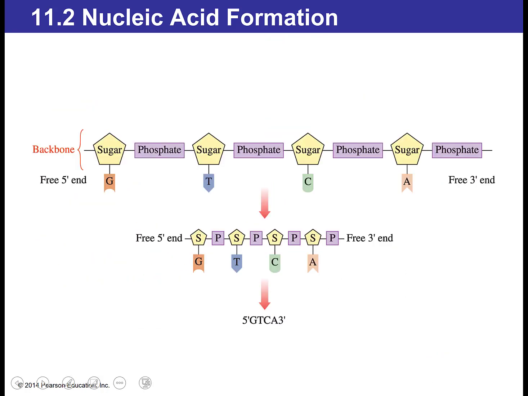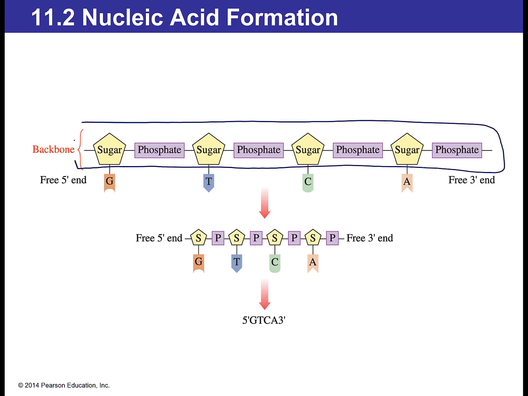So you look in this one, you can see here's your backbone. Just like we had with the amino acids, that nitrogen, carbon, carbon, nitrogen, carbon, carbon formed the backbone. Well, here, the sugars and the phosphates form the backbone, and then you have the bases that stick off. They even shorten this. They'll shorten it down so that it's just little SP, SP, SP, kind of the way that I draw it, and then just the base sticking down.